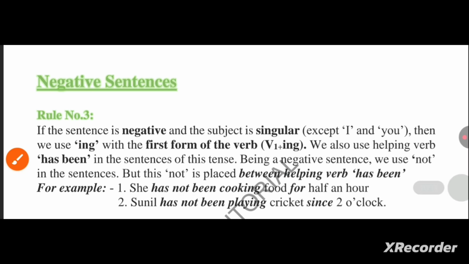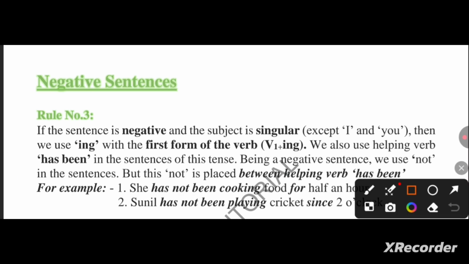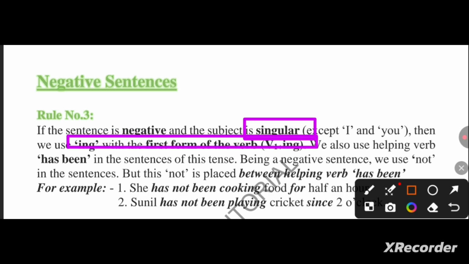Now, if the sentence is a negative one and the subject is singular, then we have to use ing with the first form of the verb.